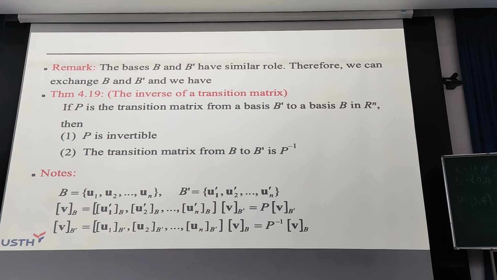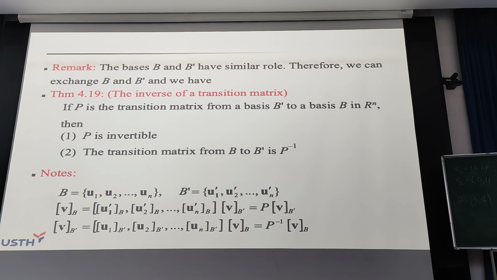And if B is like that and B prime is like that, then you can write the coordinate of v relative to B equals P multiplied by the coordinate of v relative to B prime.